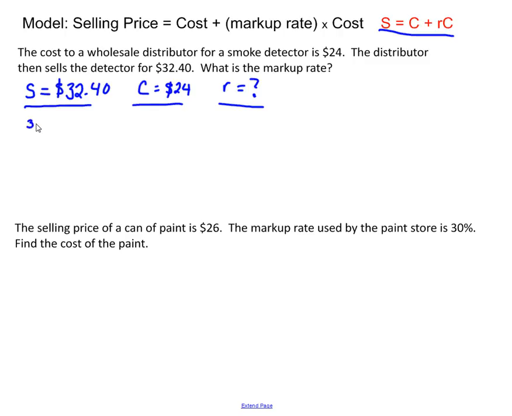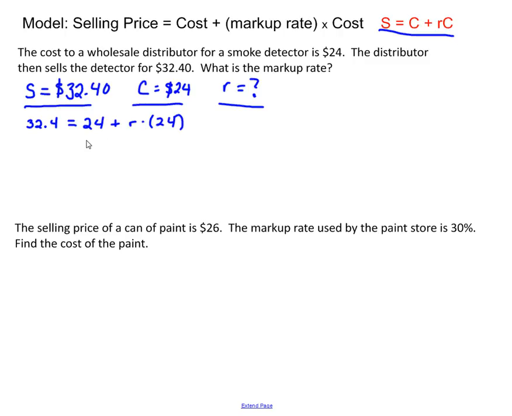So in this case, 32.40, which I'm going to abbreviate. I'm going to make that 32.4, and then we'll translate that back into dollars and cents later, will be equal to our original $24 plus the rate times the cost of $24. According to our formula right here, cost plus the rate times the cost.